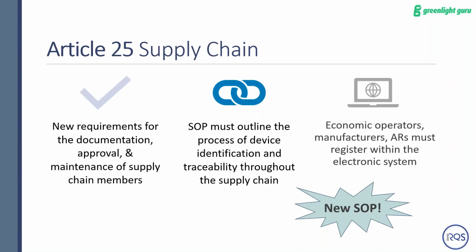There's a lot more information that is required to be documented by each level of economic operators, as well as much more requirements around traceability. So tied to the UDI, they want to know kind of where devices are going and who's touching them, and making sure that at each level there's a check that you're complying, that each economic operator is verifying that the devices are complying with MDR regulations and the safety and performance regulations.